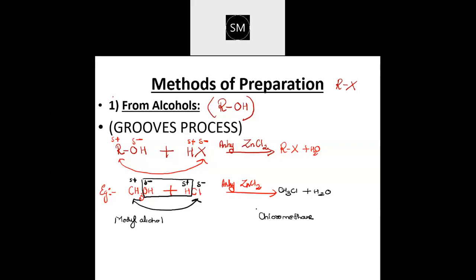Chloromethane is the IUPAC name. I'll write methyl chloride first, because methyl alcohol is a common name for the alcohol and methyl chloride is a common name for CH3Cl. Chloromethane becomes the IUPAC name, that I'll put in the bracket. For this one, the IUPAC name is methanol, that I'll put in the bracket.